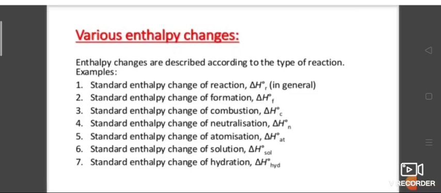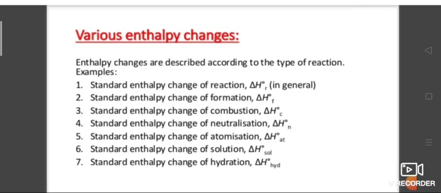For example, standard enthalpy of reaction means delta H R. Formation means delta H F. Solution means delta H SOL. Hydration means delta H HYD. So this is the way we have to mention the enthalpy changes.